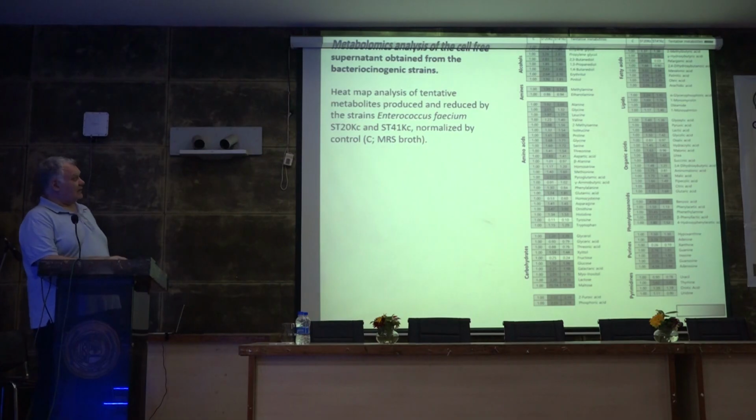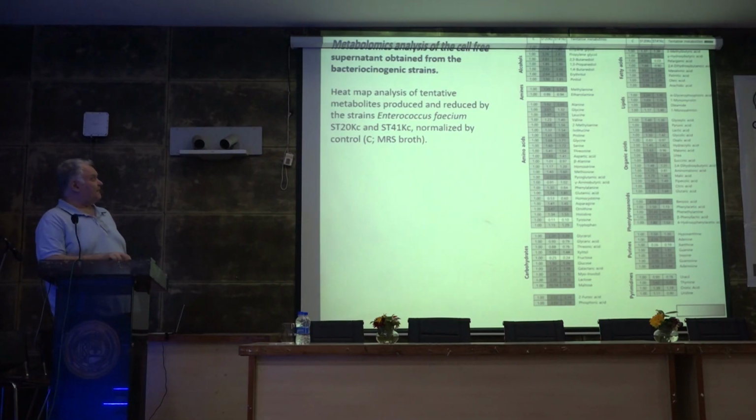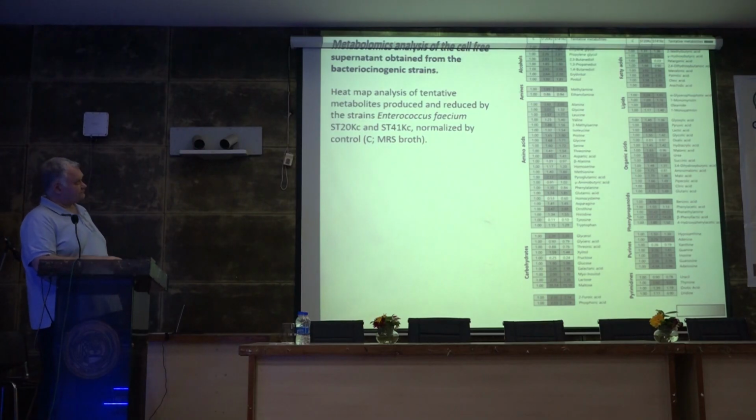So we made as well the metabolomic analysis because we wanted to see what kind of metabolites are produced by these strains, because obviously not only bacteriocins. Unfortunately it's not visible in the color, but the darkest color normally is where they are more present.